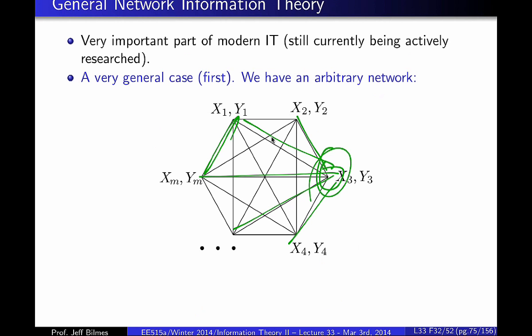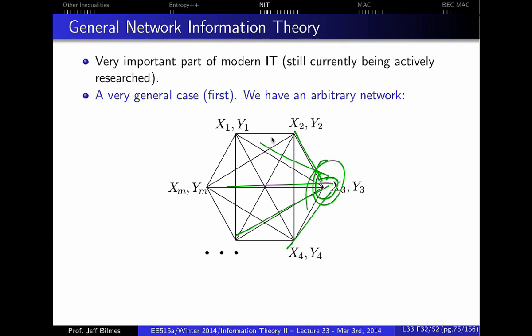If X1 and XM could communicate to figure out how they should cooperate, that's a very different set of rates than if X1 and XM can't communicate, because maybe they are very far away from each other and communicating is costly. So you want X1 and XM to be able to send to X3 without having to communicate to each other. You can imagine that this generic scenario can involve many different interesting instances of what we could call network information theory.